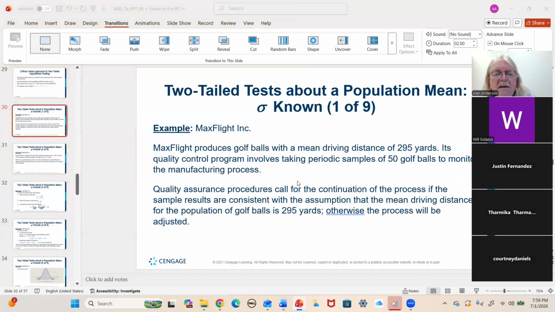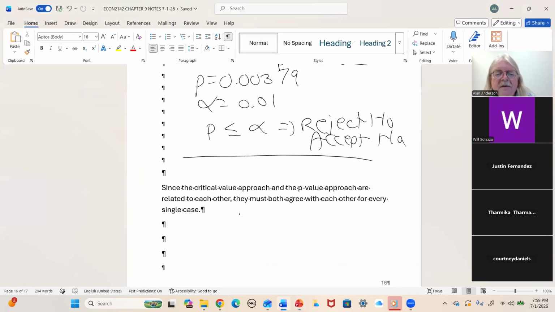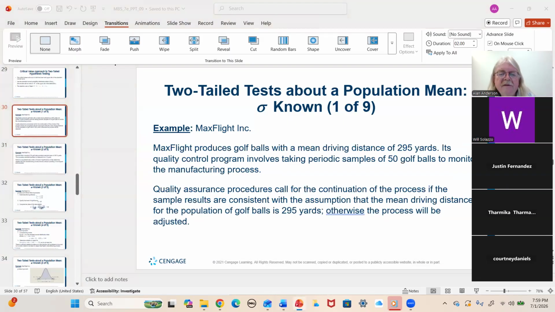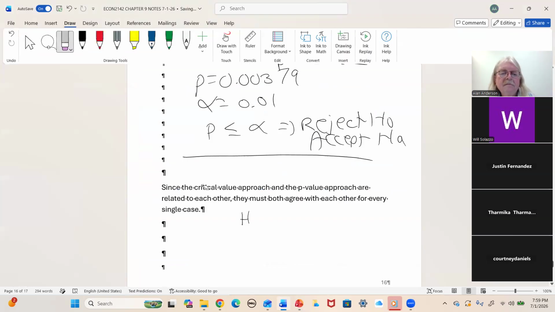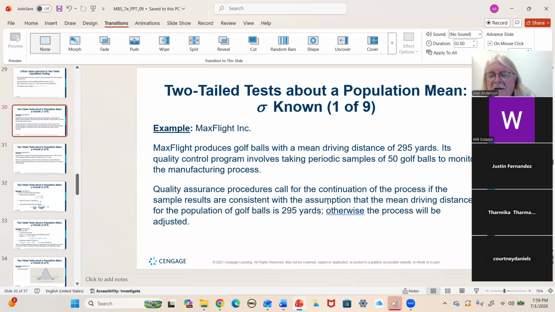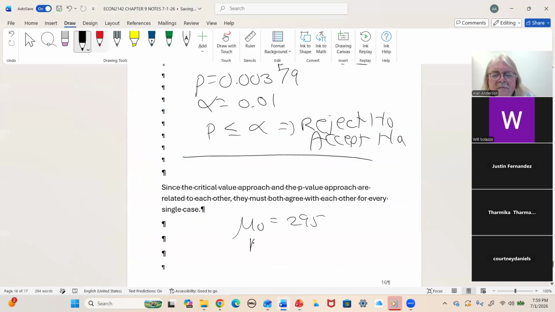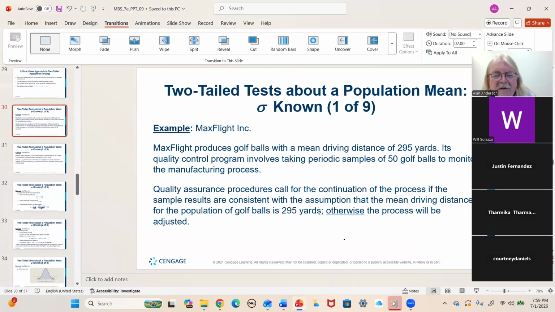The hypothesized value of the mean is 295. Historically, I guess they've had a mean of 295. We want to make sure if that's still the case or not. We take a sample of 50 balls, and it says here that if the mean is 295, that's fine. Otherwise, we'll adjust the process.